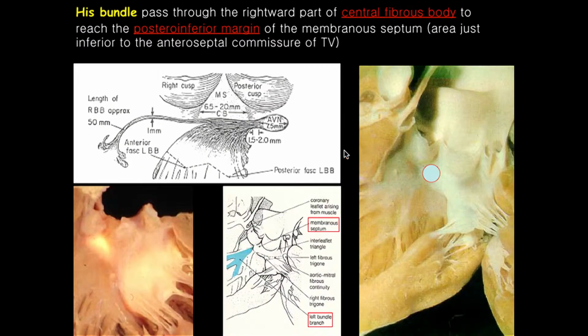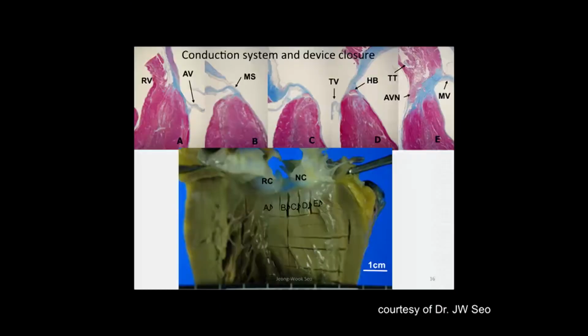On the left ventricular side, there are the right coronary cusp, the non-coronary cusp, and this is the membranous septum. It comes from the posterior inferior side of the membranous septum.